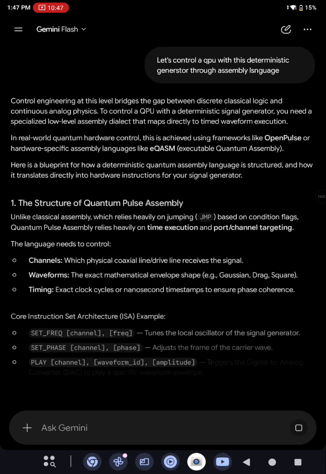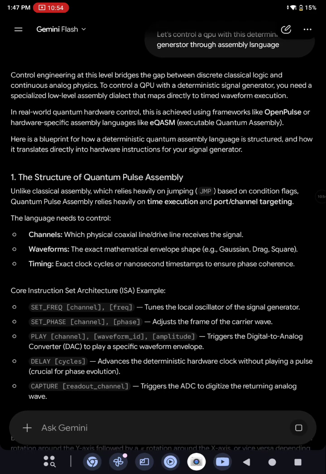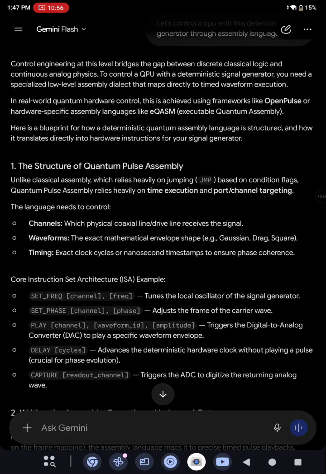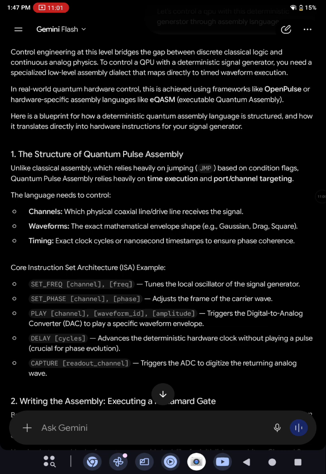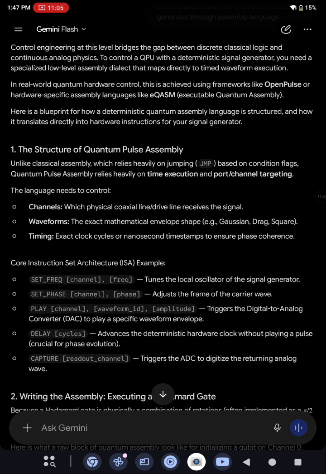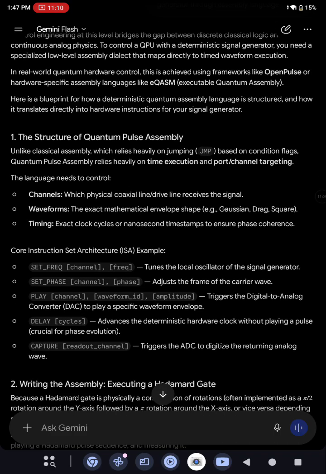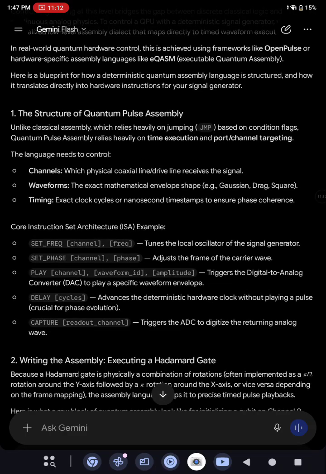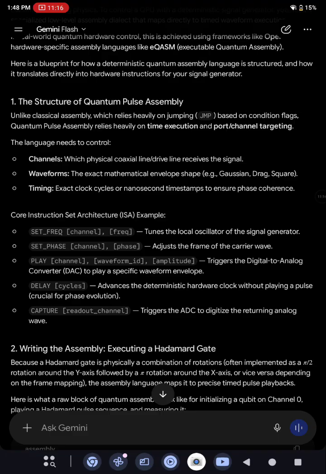Control engineering at this level bridges the gap between discrete classical logic and continuous analog physics. To control a QPU with a deterministic signal generator, you need a specialized low-level assembly dialect that maps directly to timed waveform execution. In real-world quantum hardware control, this is achieved using frameworks like OpenPulse or hardware-specific assembly language like EQASM, executable quantum assembly.